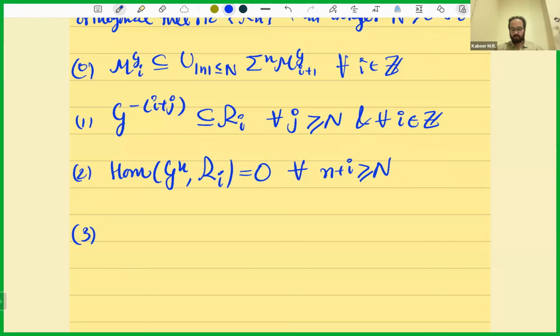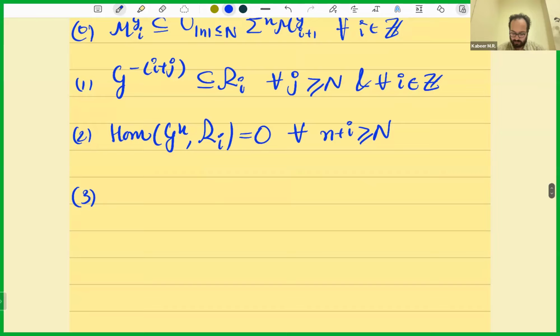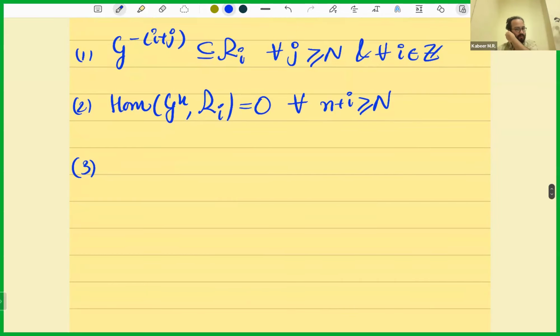And finally, the important approximating condition, which is as follows.